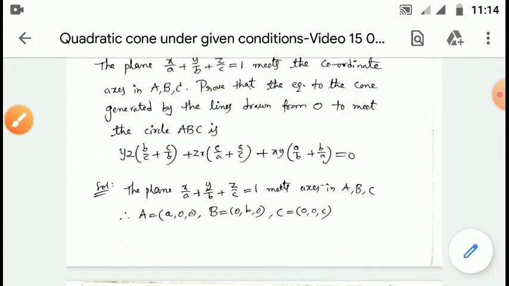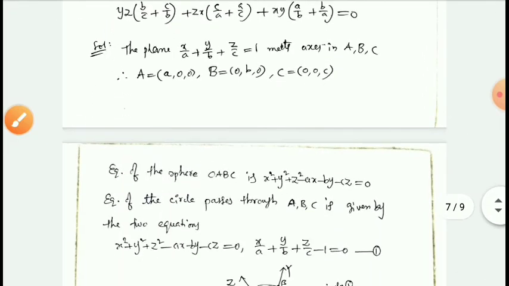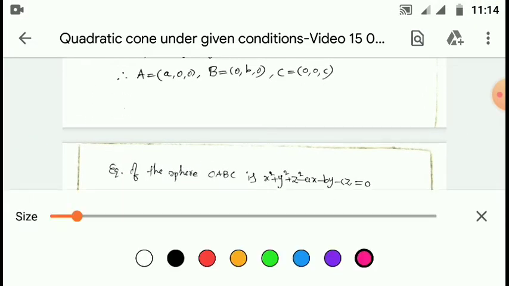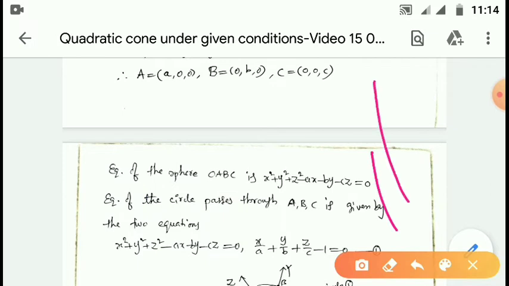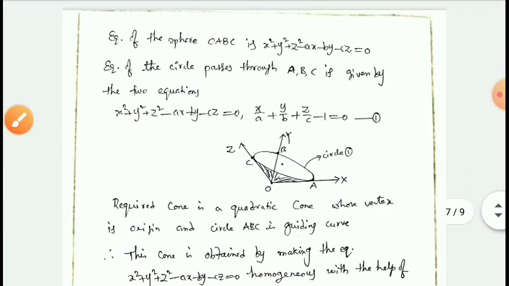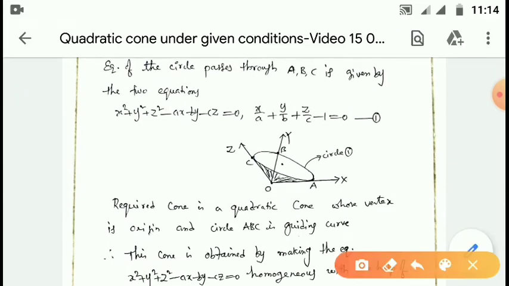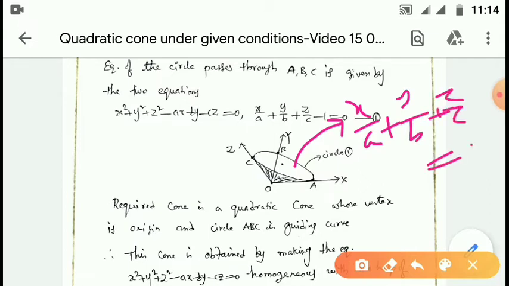Actually, here you can see in the diagram, there is a plane. This is the plane x by a plus y by b plus z by c is equal to 1.